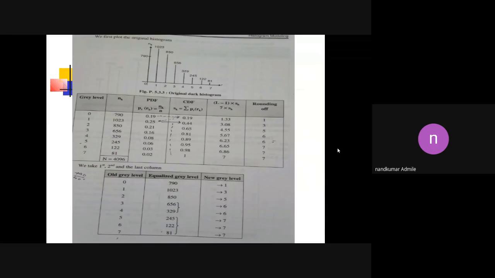For a particular gray level, we locate the number of pixels. For example, at gray level 0 there are 790 pixels, so we mark 790. At 1 there are 1023, so we mark 1023. At 2, 850. Is everyone clear how to draw the original histogram?